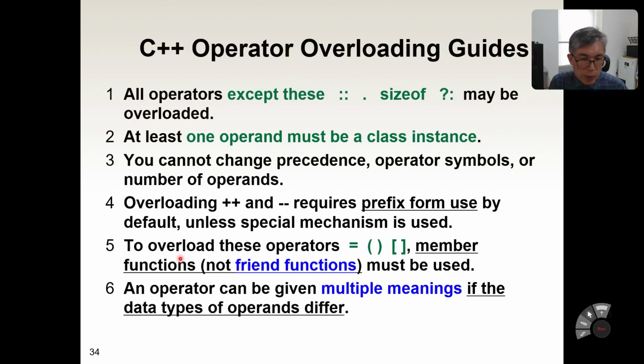Fifthly, to overload the assignment, parentheses, and square bracket operators, member functions, not friend functions, must be used. We can study friend functions later on. Sixthly, an operator can be given multiple meanings if the data types of the operands are different. Okay.